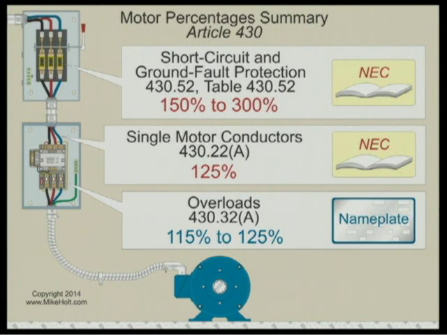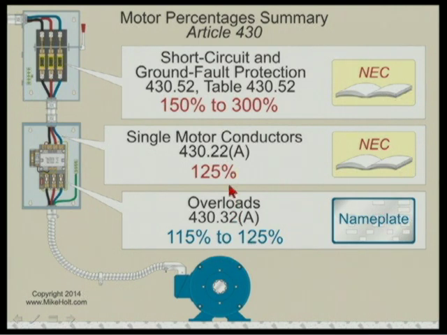Let's just do a little summary here. 430.52, and the table in 430.52 tells us that we size the short circuit protection at between 150 and 300% depending upon the motor type. You size the conductors to the motor per 430.22(A). You size the conductors at 125%. And the overloads are sized between 115 and 125%.